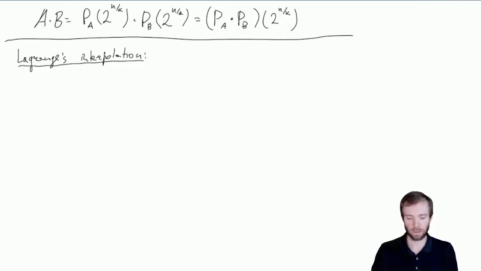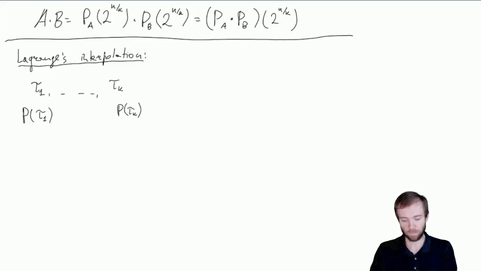So suppose that we have a polynomial and we know its values in several fixed points. Let these points be tau 1 through tau k, say, and the polynomial values are p of tau 1 through p of tau k. Assume that all these are known.